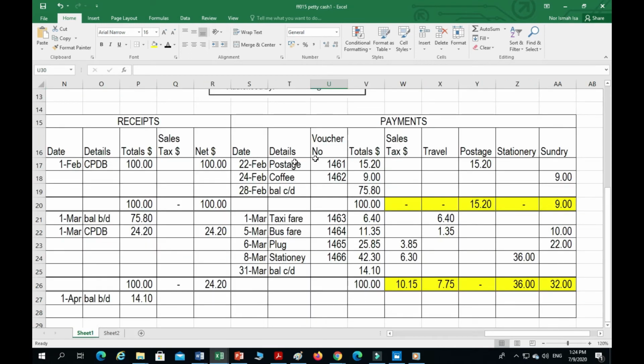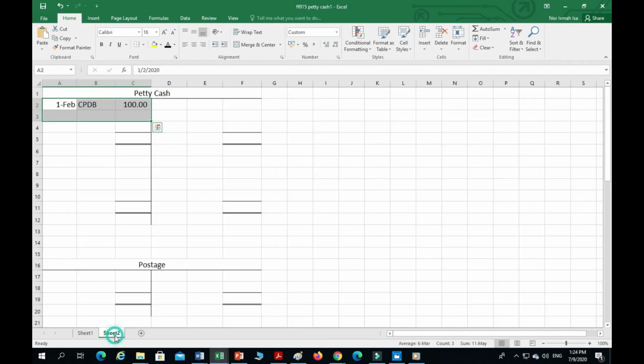And for the credit side of the petty cash book account is the amount in yellow color here. So you post this to the petty cash account.